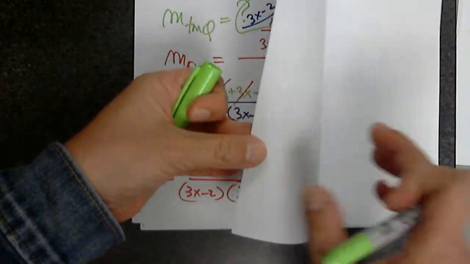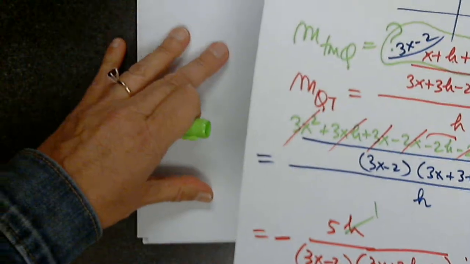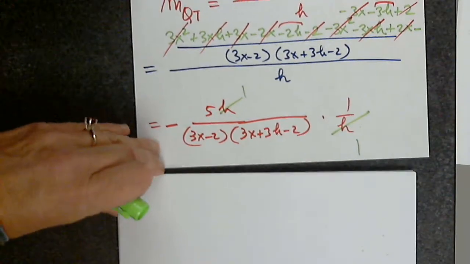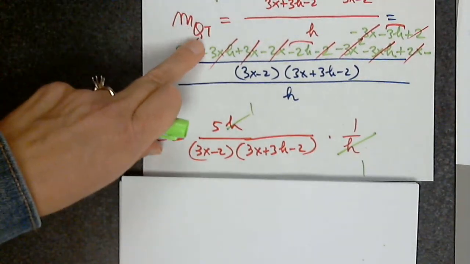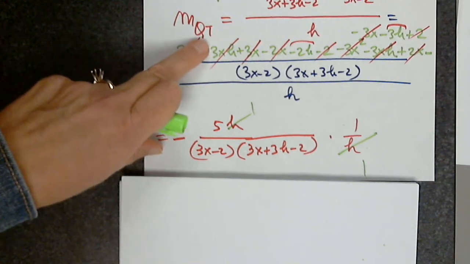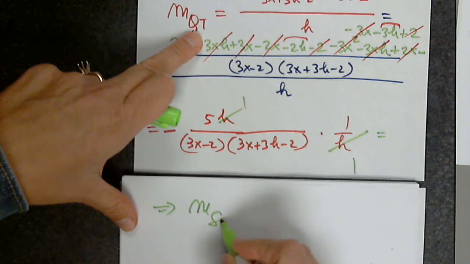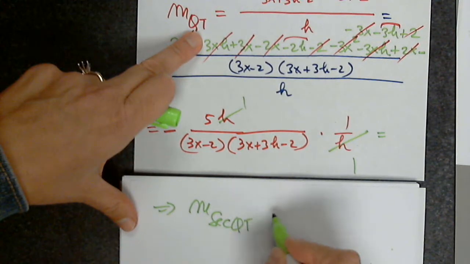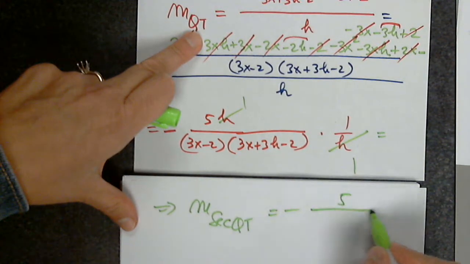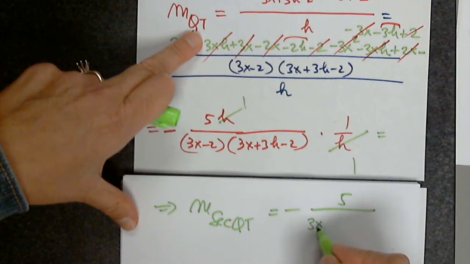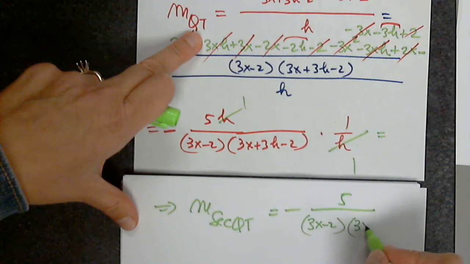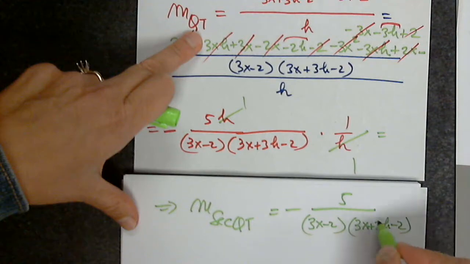Well, that's the slope of the secant line, right? So the slope of the secant line QT equals negative 5 divided by 3x minus 2, 3x plus 3h minus 2.